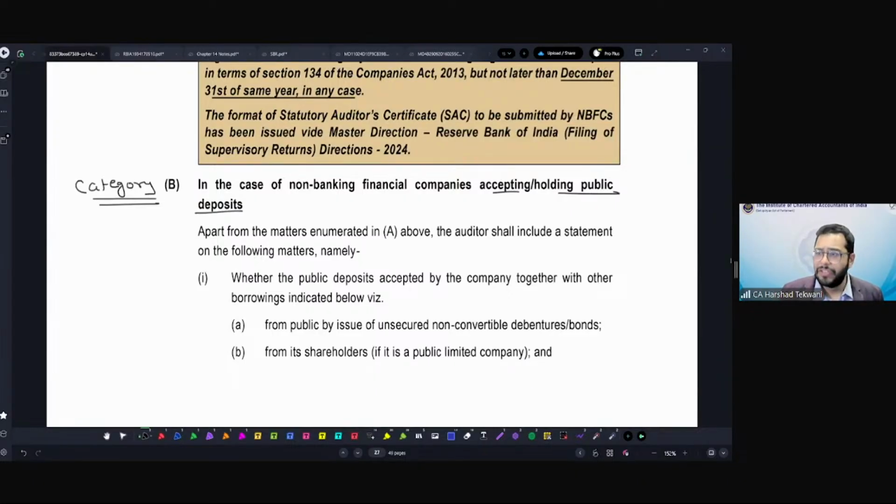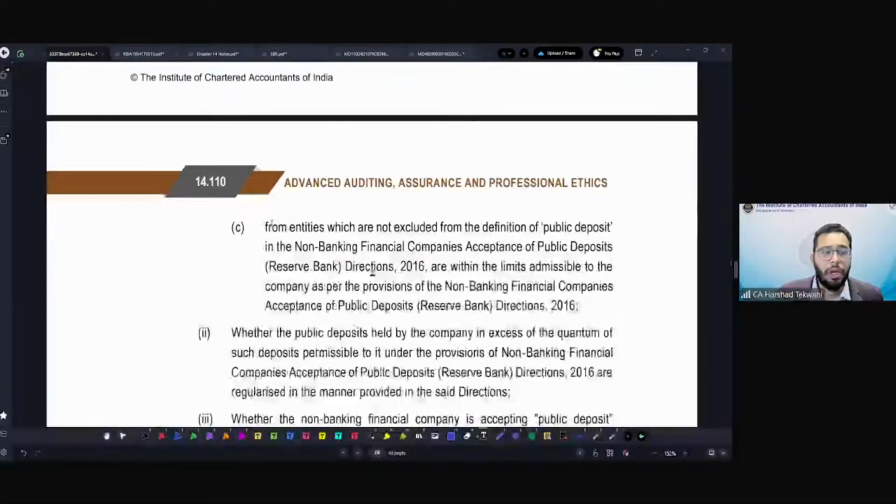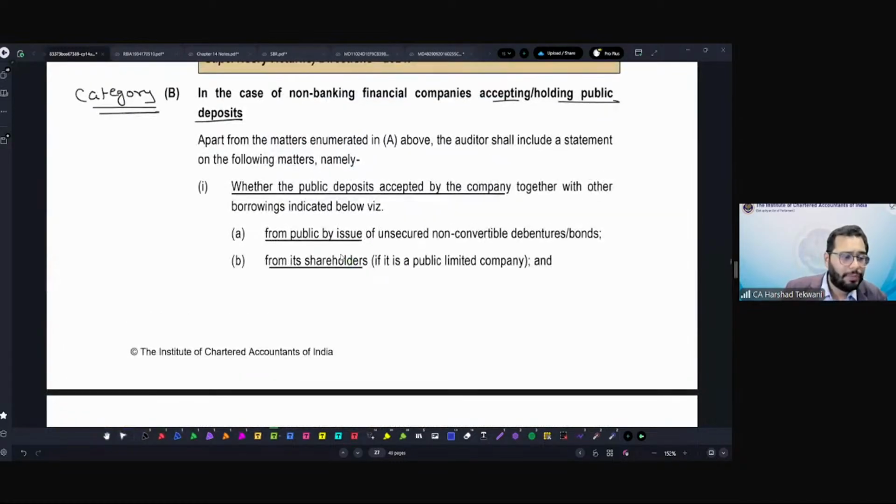That is the first point we are saying: whether the public deposits accepted by the company, including by public issue, from its shareholders, from entities, are in compliance with the NBFC acceptance of deposit directions or not, or whether they are within the limits of these directions. So compliance with the directions is the first point.